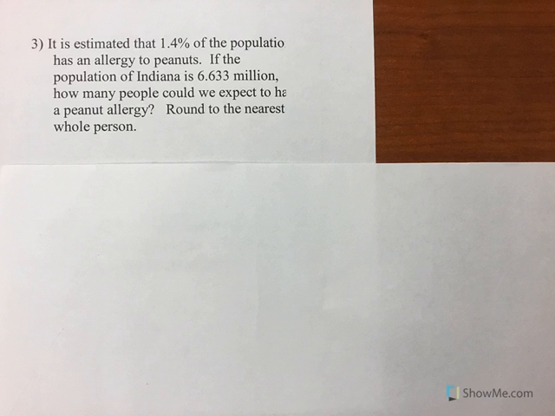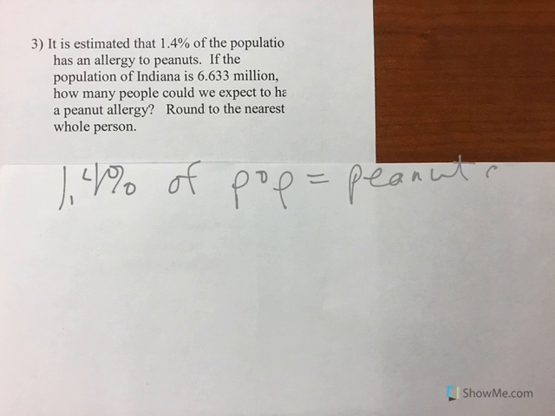It's estimated that 1.4% of the population has an allergy to peanuts, including a couple of my friends and my nephew. If the population of Indiana is 6.633 million, how many people could we expect to have a peanut allergy? Round to the nearest whole person. Okay, so 1.4% of the population equals peanut allergy, right? Just think in words.